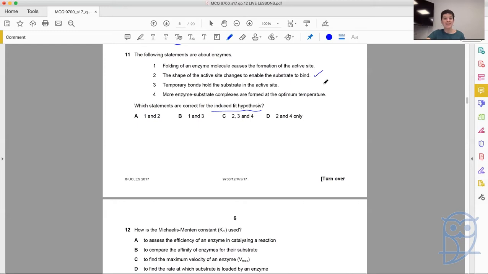That is everything. That is our induced fit hypothesis. Temporary bonds hold the substrate in the active site. Definitely. And more enzyme substrate complexes are formed at the optimum temperature. Yes, that's the whole idea of induced fit. So our answer here is C, 2, 3, and 4.